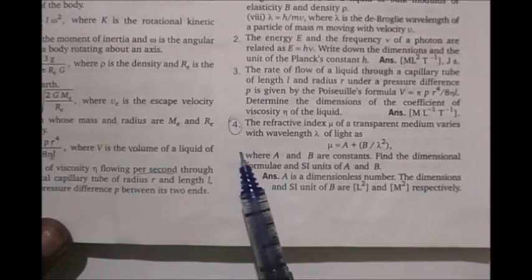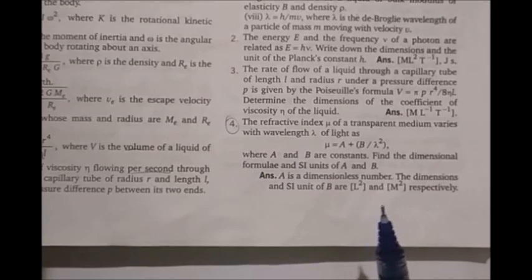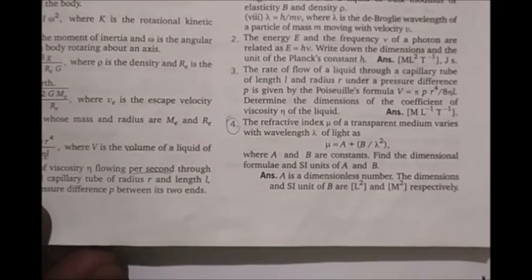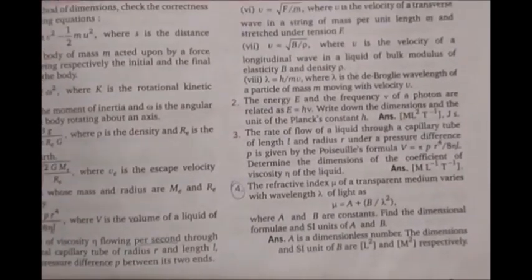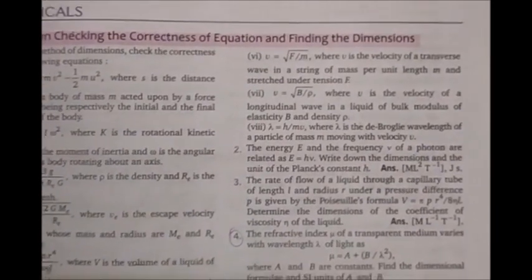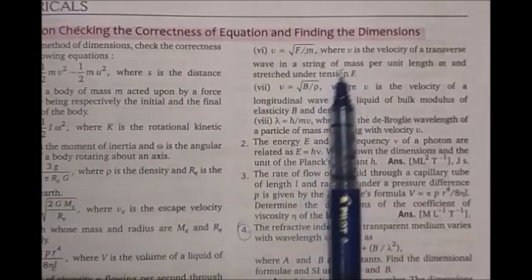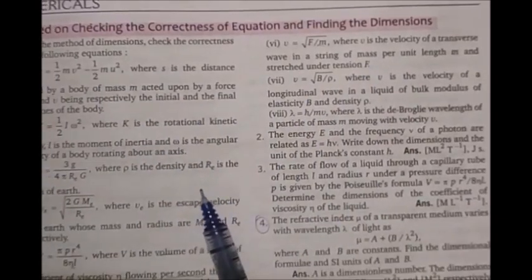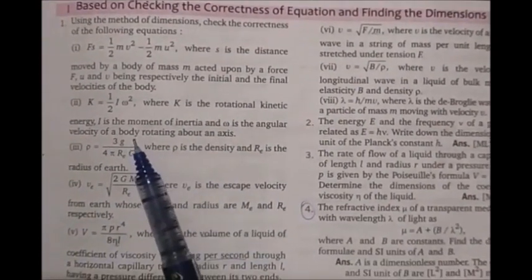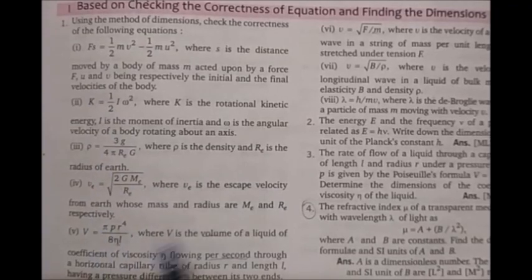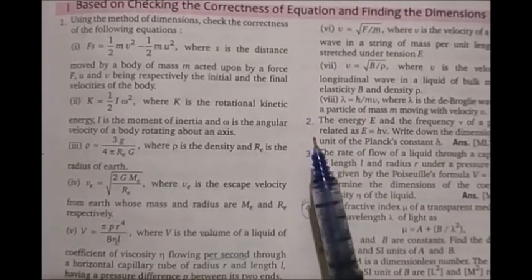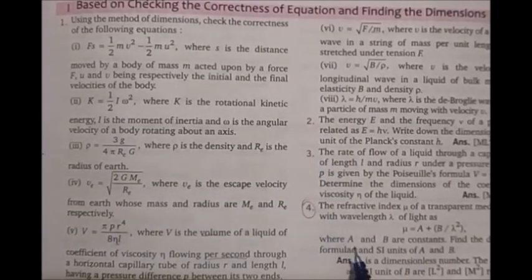Yeah, this question was given to you as homework the other day, the fourth question, which is there in the same place, to check the correctness of the equation using dimensions. You were given all these other questions, 1, 2, 3, 4, 5, and 6 also you did, and the fourth was also given.